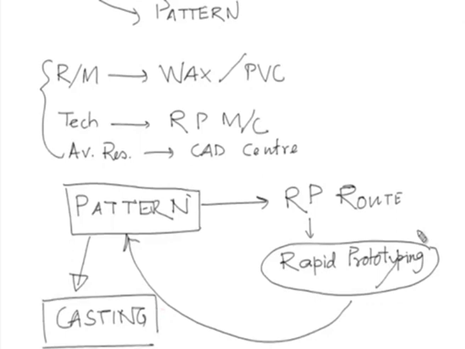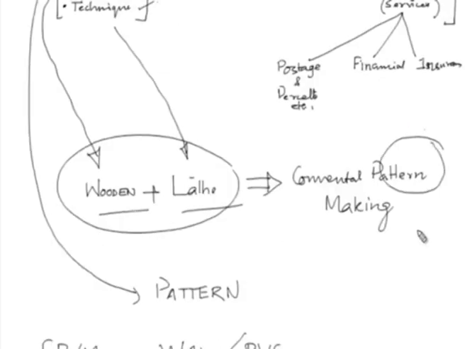On the other hand, if I have wood and a lathe machine, then probably the same pattern I can produce to be used again for the same casting process, but I am following a different route or different manufacturing process. Thus, this explains how different requirements, different available resources, and different available techniques can influence the process of manufacturing the same product.